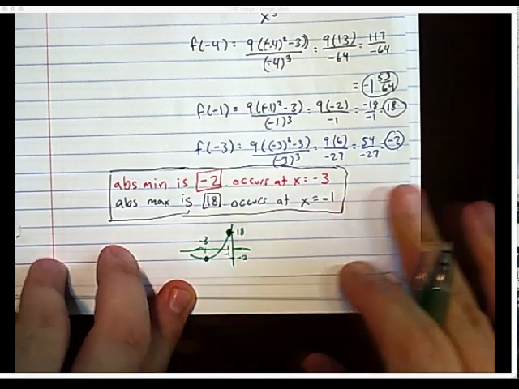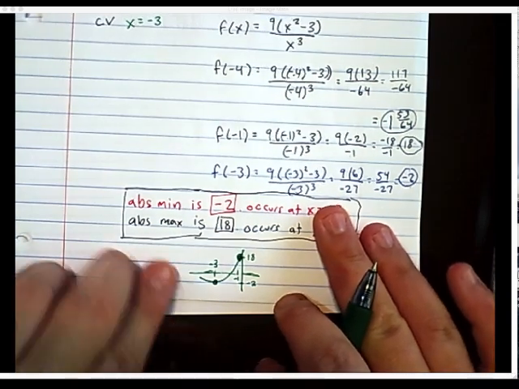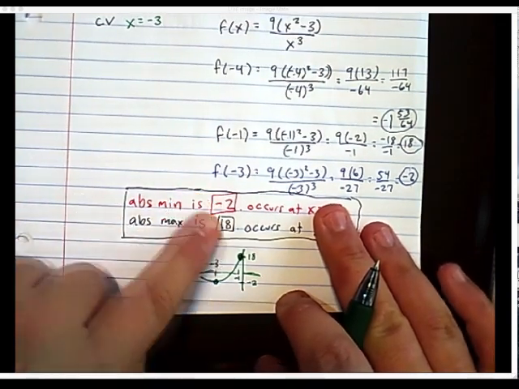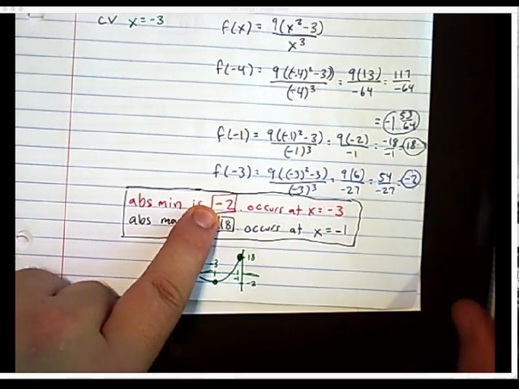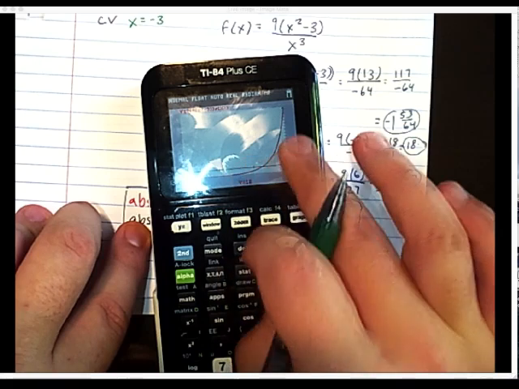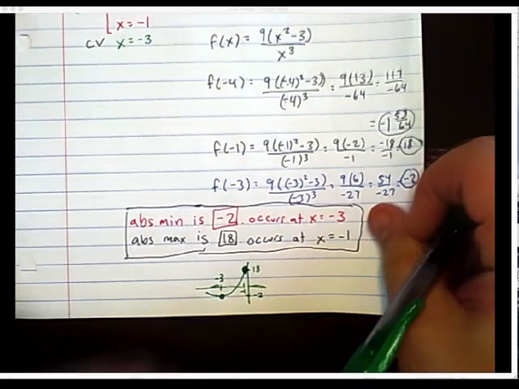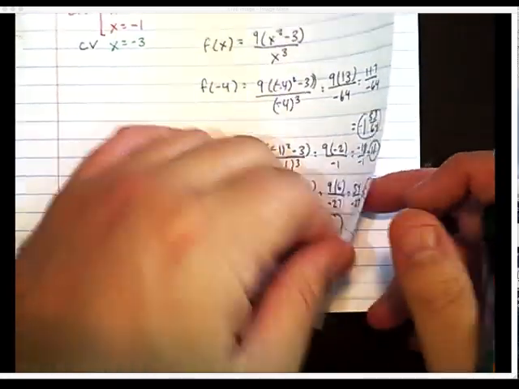I wanted to show you all the calculus that it takes to figure out what the high point and the low point on the graph are. But we can do all of that without even looking at the graph, and that's the whole idea. Okay, let's try another one.